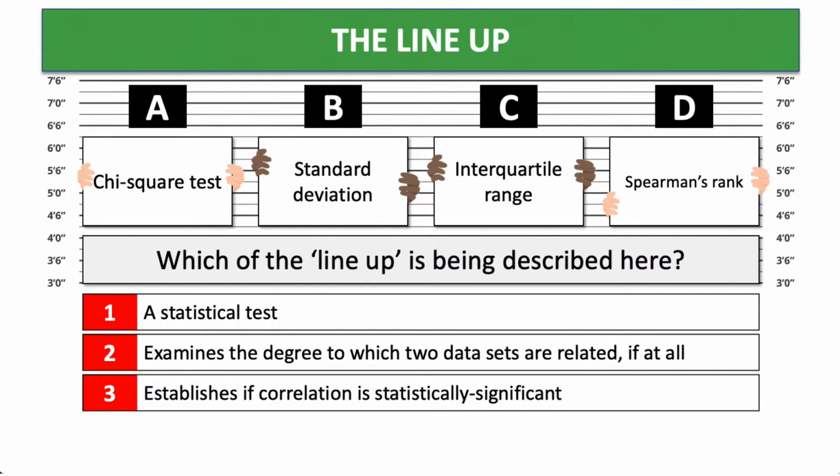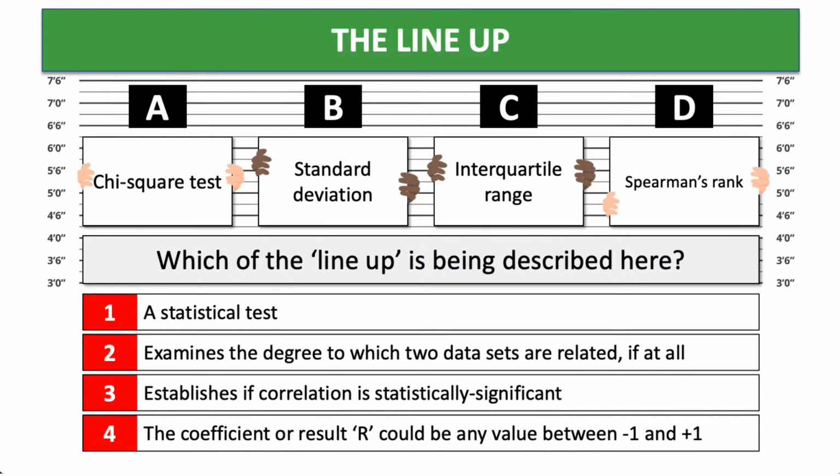And the fourth characteristic is that the coefficient or result R could be any value between -1 and +1. So take a moment to read through those characteristics and try and decide which of the four, A, B, C, or D, is being described by numbers 1, 2, 3, 4.